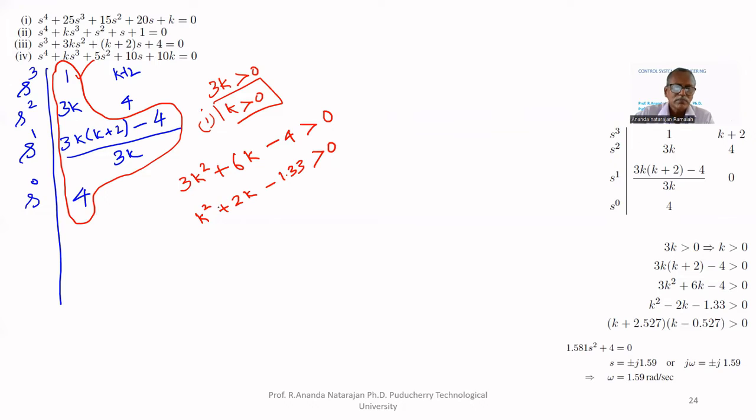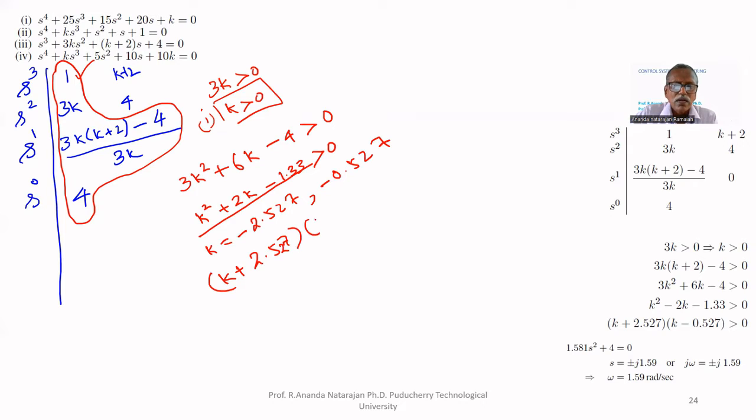The roots are K equal to minus 2.527 and minus 0.527. Therefore, we can factorize this as (K plus 2.527) and (K minus 0.527) should be greater than 0.